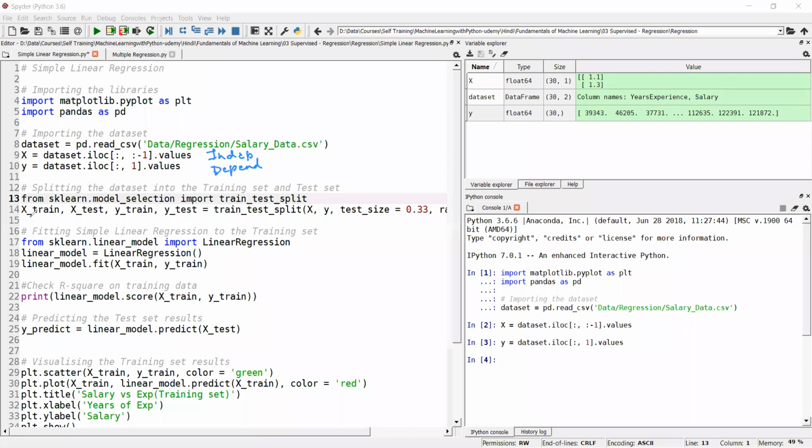Now x is split into train and test, and y is also split into train and test. Why training and testing? When you build your model, as I explained before, you give input, you give output, and then the algorithm decides the logic. It gives you the logic. So this input and output data is nothing but your training set. You are training your model using the algorithm to give you a logic. Once you get the logic, then what you do?